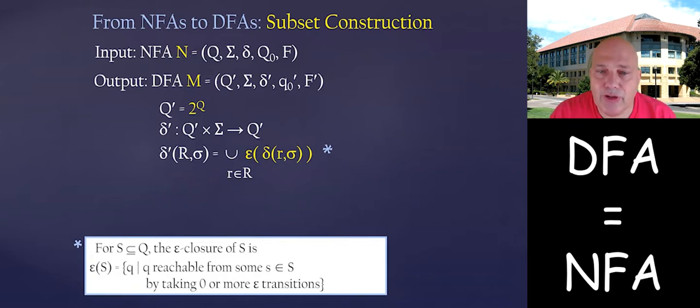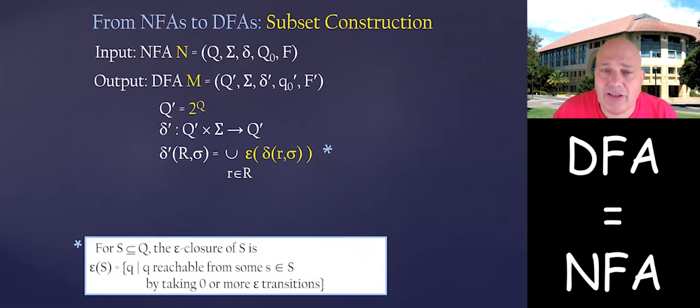So for example, which states are for sure in the epsilon closure of S? Yes, I hope that's what you've been yelling. S is always contained in the epsilon closure of S, because each state in S can be reached from itself by taking 0 epsilon transitions. We will check this notion and see an example very soon.